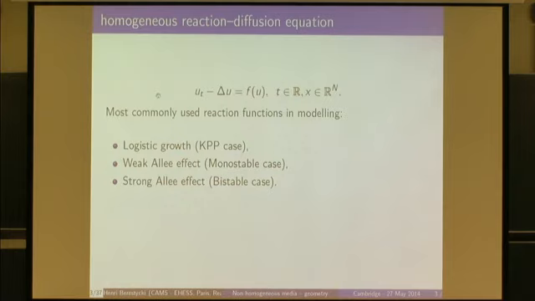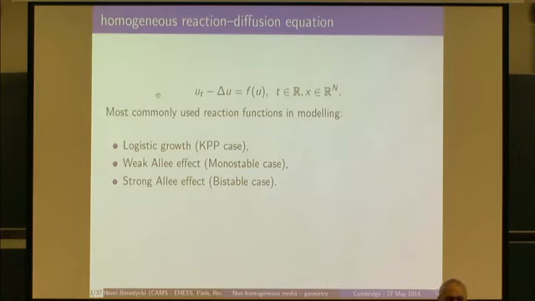What characterizes it is that f(u)/u, which is the per capita growth rate, is a decreasing function of the density. So it starts by being maximum when there is no one, and as soon as there is an individual, it decreases. But then there are other situations where this type of model is not appropriate.